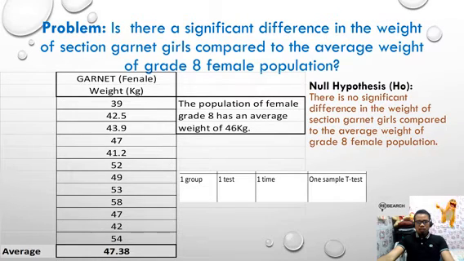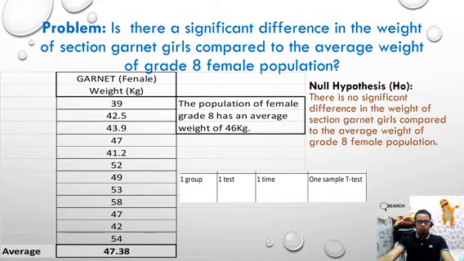There is no significant difference in the weight of section Garnet girls compared to the average weight of grade 8 female population. So we have here now the weight, 47.38, compared to 46 kilograms of the average population of all the grade 8 learners. So this is now the average or the mean.